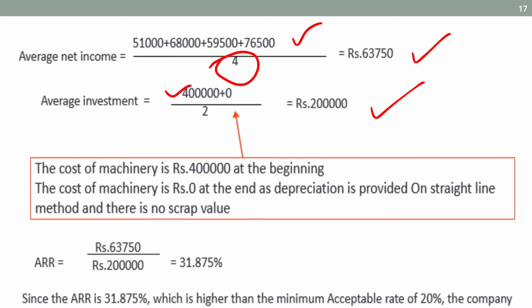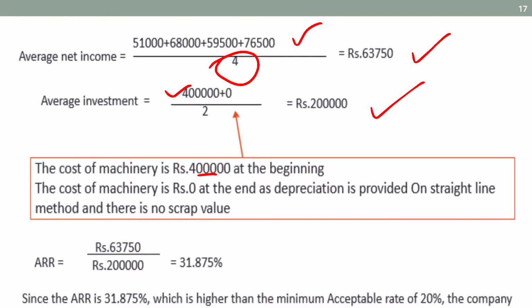Okay, then the cost of machinery is 400,000, so that is applied here, right? The cost of machinery is 0 at the end, as depreciation is provided on straight line method, right? So why is it 0? The cost of machinery is 0 at the end, as depreciation is provided on straight line method and there is no scrap value.